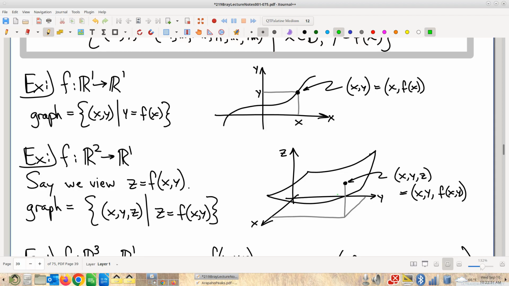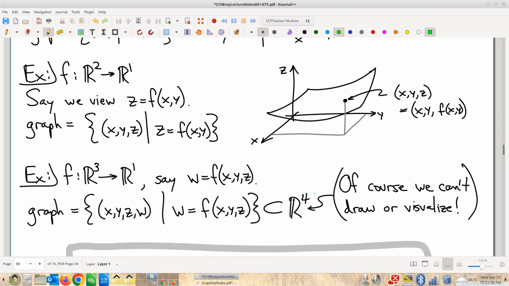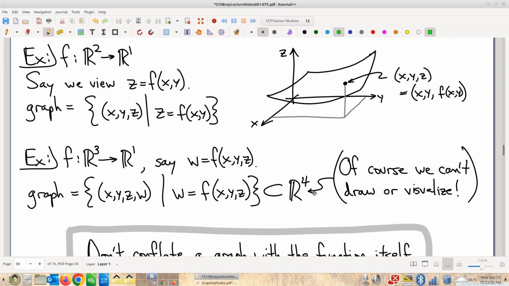Okay, so let's just belabor what you probably speculated already. Let's think about what would happen if we had a function of three variables. Just three, it's not 17. And here's the thing: if you want to form the graph, the graph is what you get when you set the value of the function equal to a new, now that means fourth, variable.